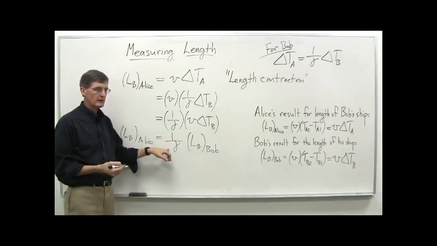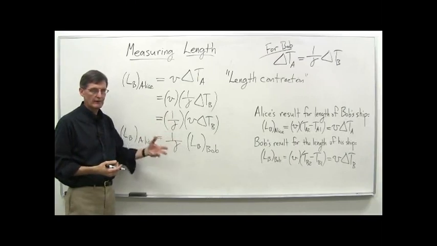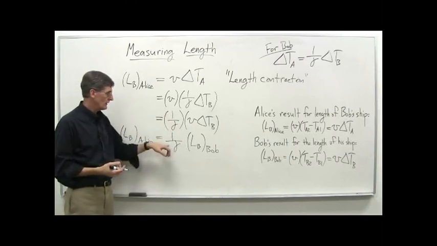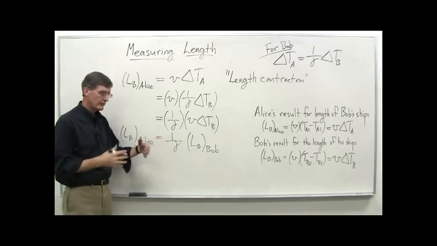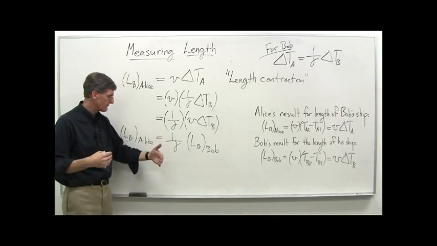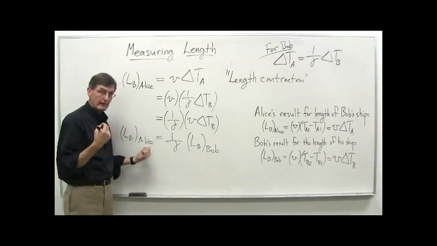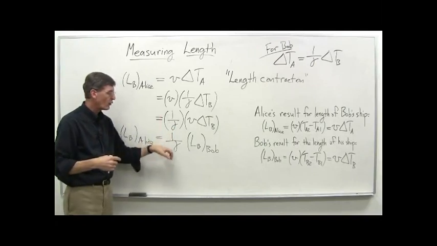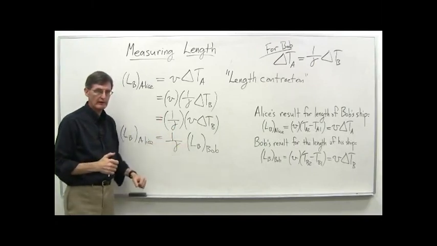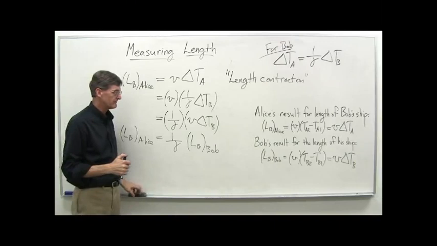So remember, before, to get gamma around 2, we have to get up to about 0.99 the speed of c, right around in there. Was it 0.9 c is 2.3 for gamma, something like that. So in other words, you have to get pretty close to the speed of light. But if you're going that fast, and Bob's going by that fast and Alice measures the length of his ship, it'd be about 1/2 of what he would get for that measurement.